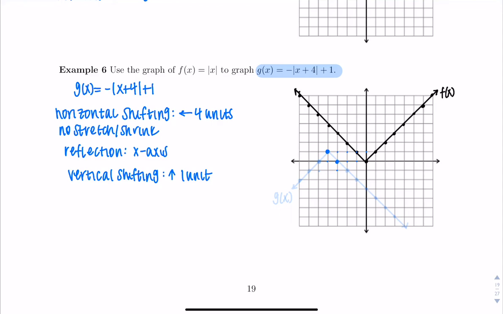Let's do this with negative 1, 1. So we're going to move it to the left 4 units. We're going to reflect it over the x-axis, and then we're going to move it up 1 unit.